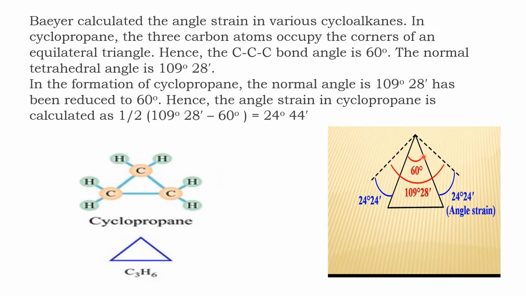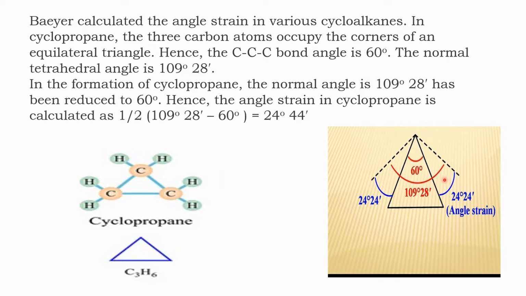But this CH2 group is tetrahedral in hybridization. Hence, the bond angle should be 109 degree 28 minutes. From the 109 degree 28 minutes, we are bringing the bond angle to 60 degree. That means from both sides we are limiting the bond angle.